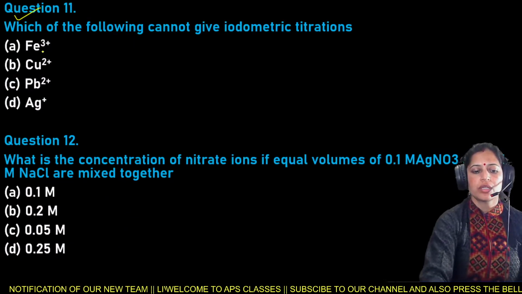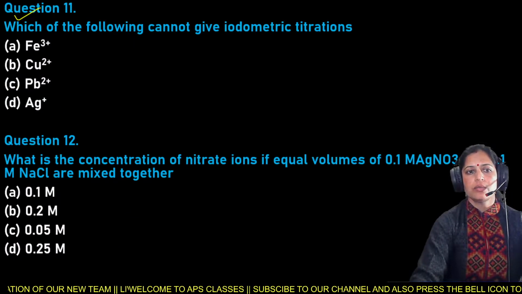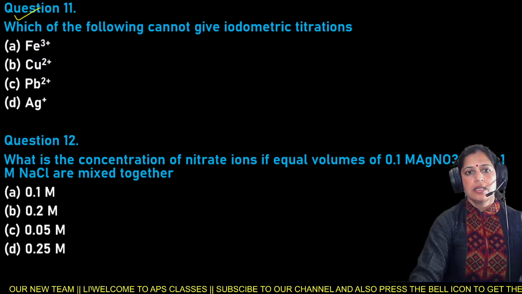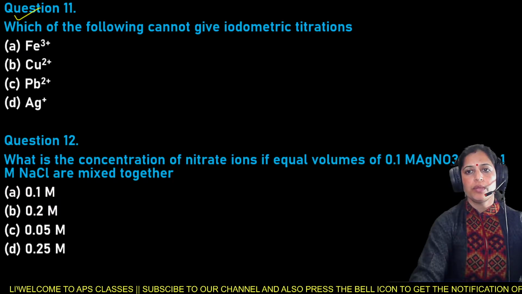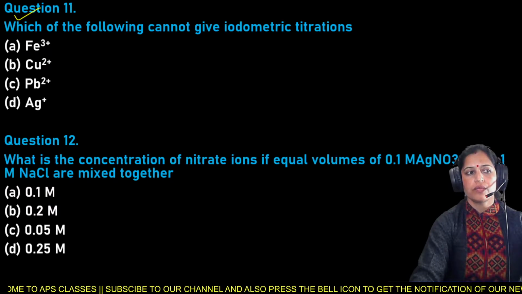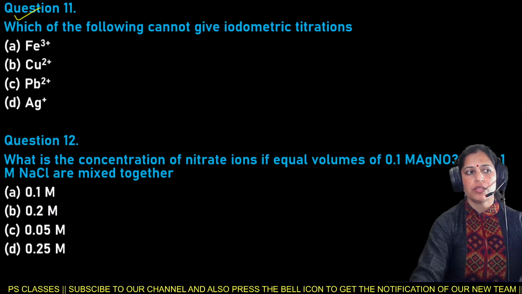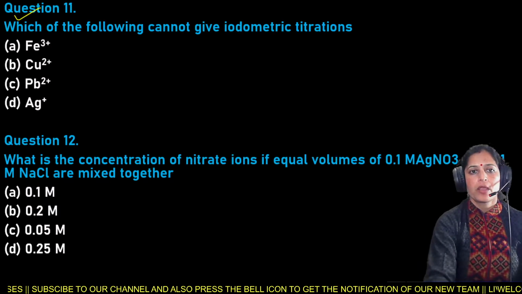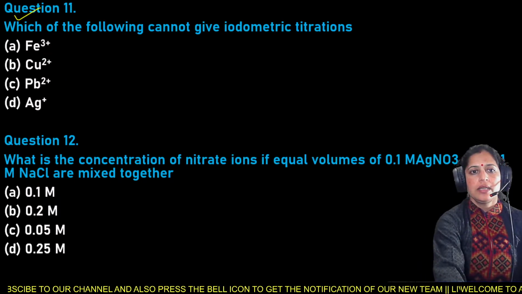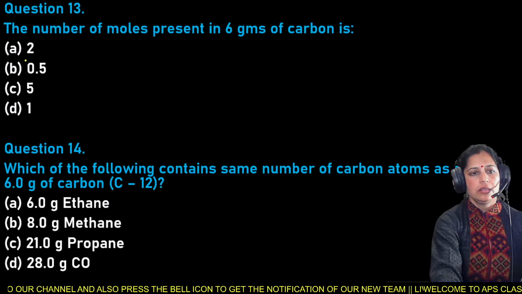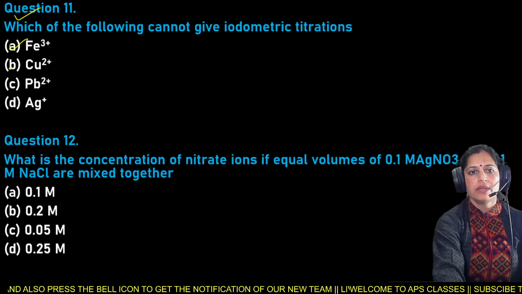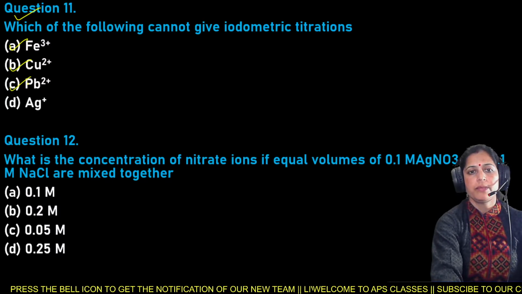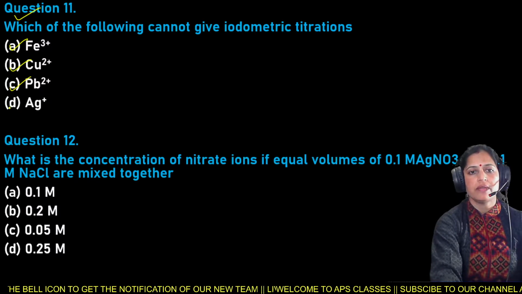Now shift to question number 11, which is: which of the following cannot give iodometric titrations? Which one of the following will not give the iodometric titrations? Options are Fe3+, Cu2+, Pb2+, and Ag+.